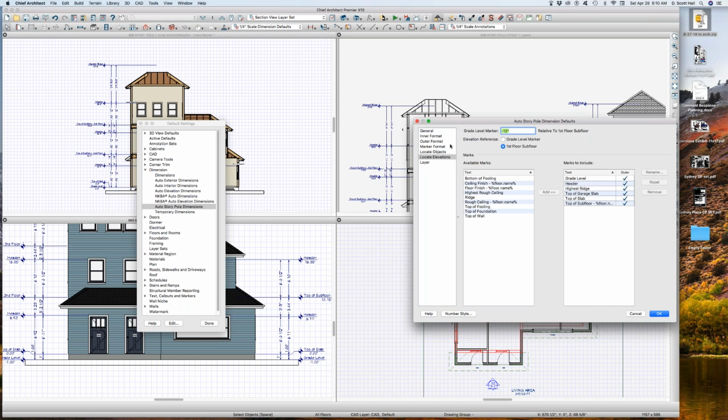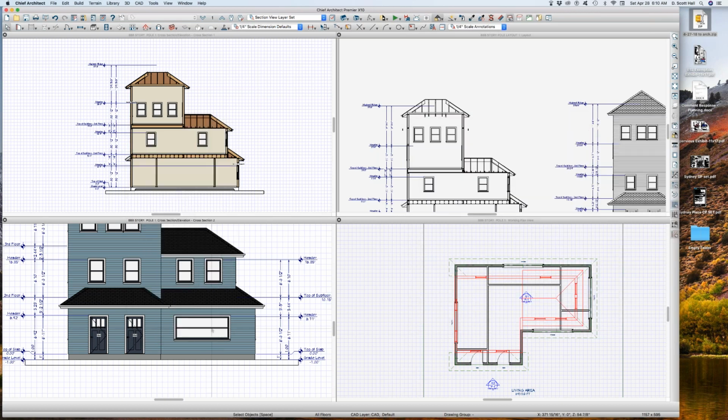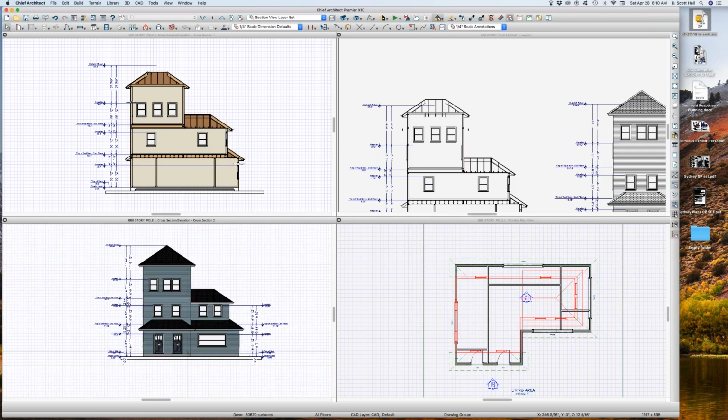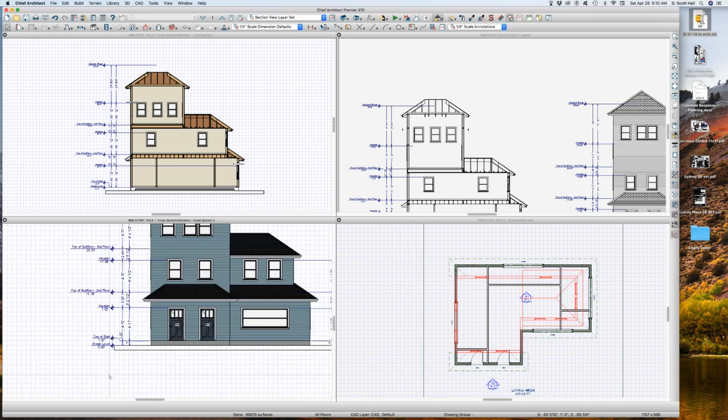I mean, the grade level is minus 12, right? That's just where it is. The grade level is minus 12 relative to first floor. That is what it is in this particular plan. But this time, I'm going to use the grade level marker as the reference. Okay? Done. Now I'm just going to automatically redo this. I'm going to see what happens. I'm not going to delete these. Hotkey.